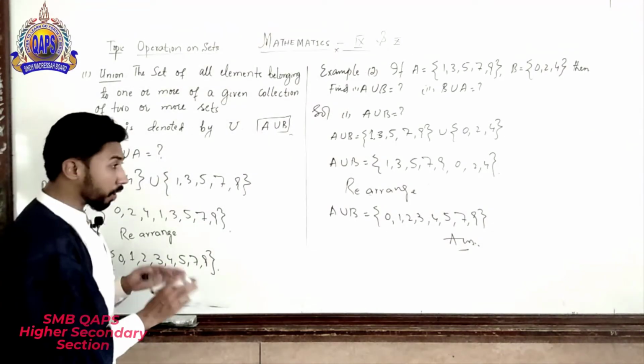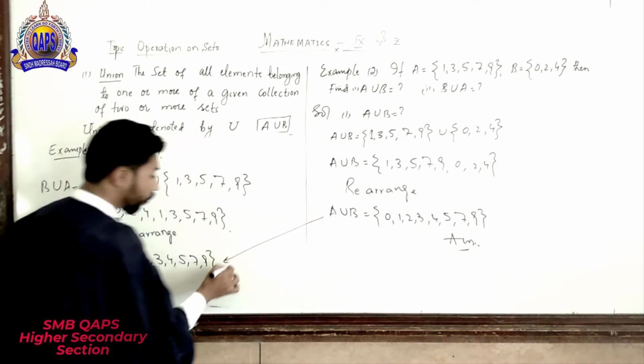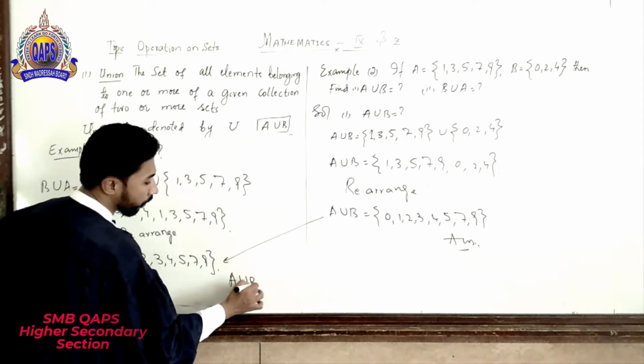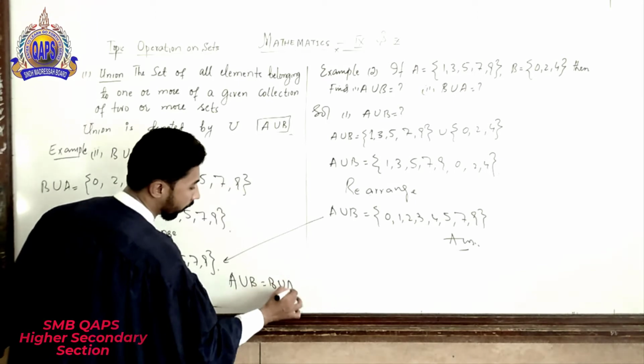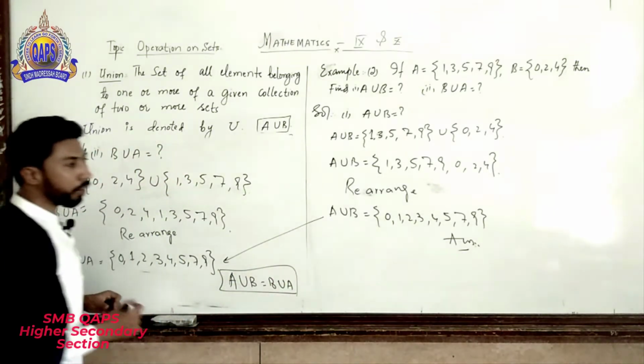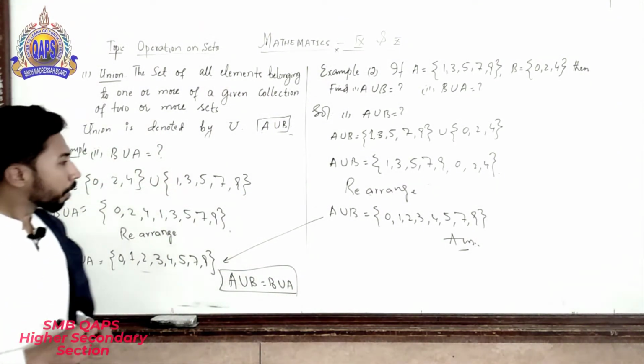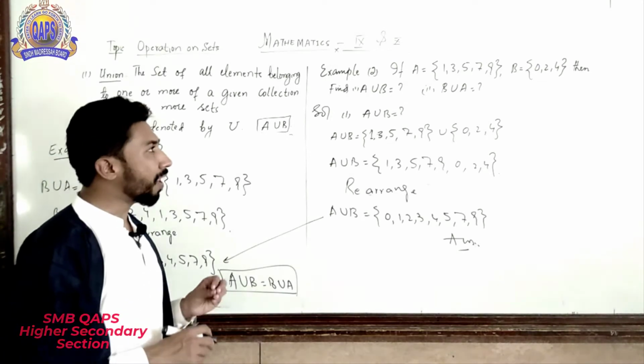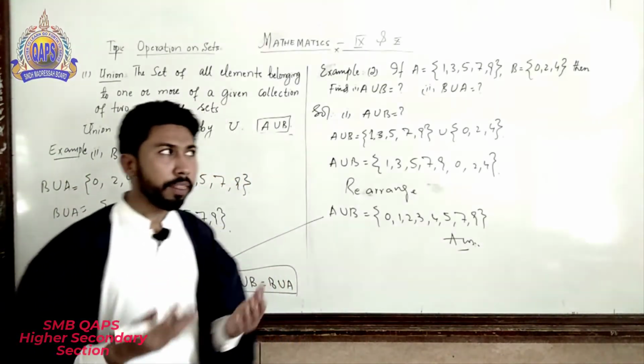Here it represents A union B is equal to B union A. Actually this form represents the commutative law, but here we only discuss the union and its examples.